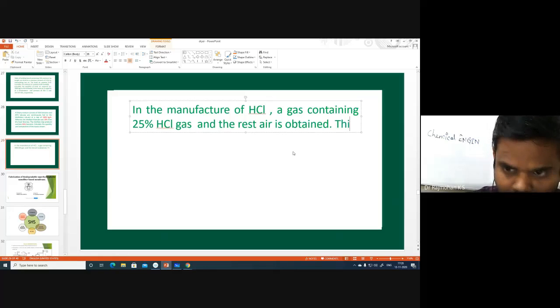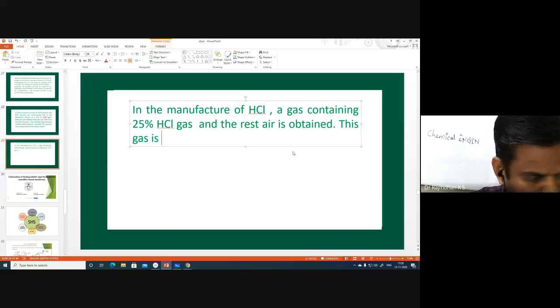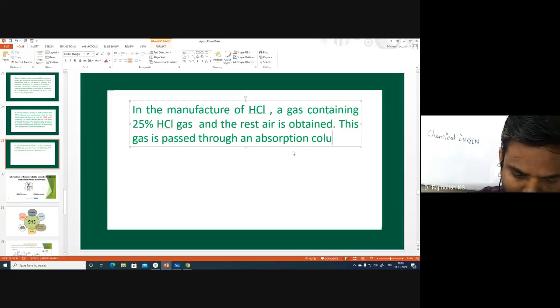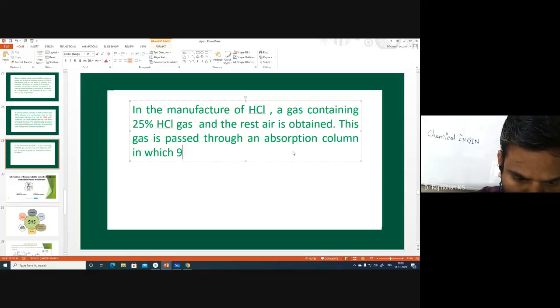This gas is passed through an absorption column in which 98% HCl is removed.